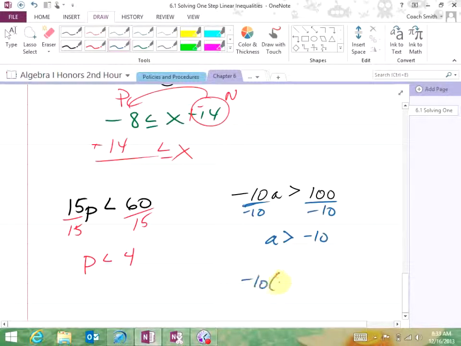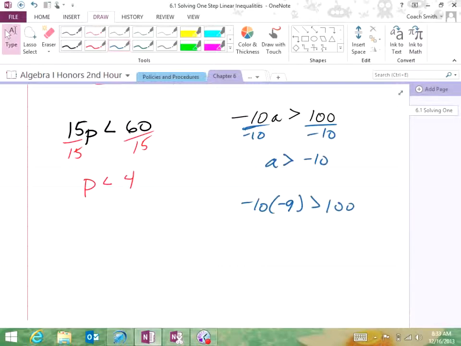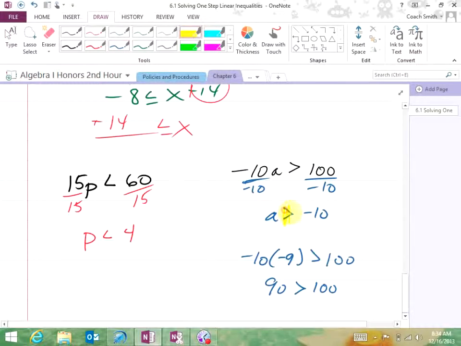Negative 10 times negative 9 is greater than 100. 90 greater than 100. Is that a true statement? No. That isn't true. So something we've done up here is wrong. What do you think, Blake?